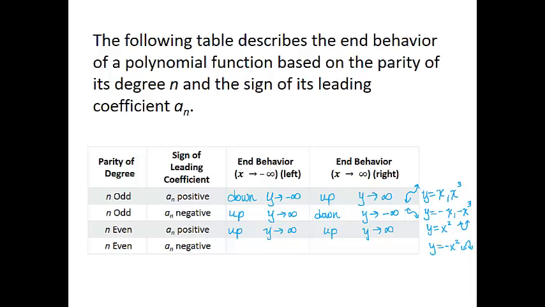The graph goes down to the left and down to the right. So as x goes to positive or negative infinity, y goes to negative infinity. So for an odd parity, the end behavior will be opposite on the two ends. An even parity means that you have equal end behaviors on the ends of the graph.